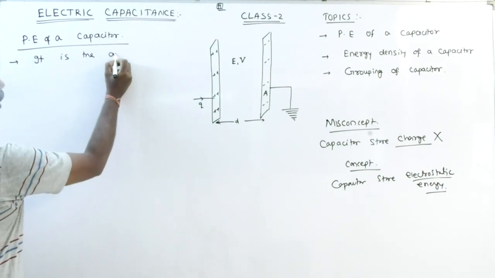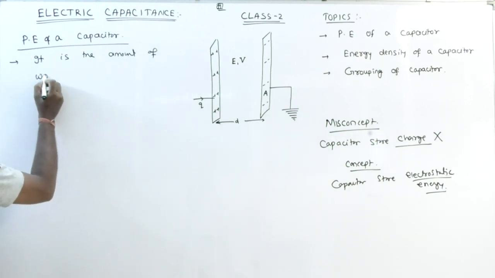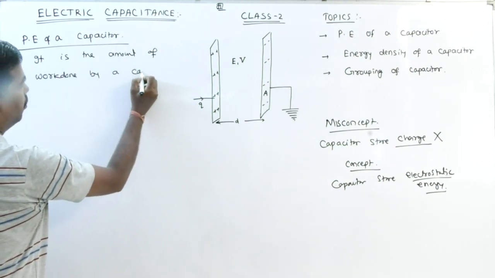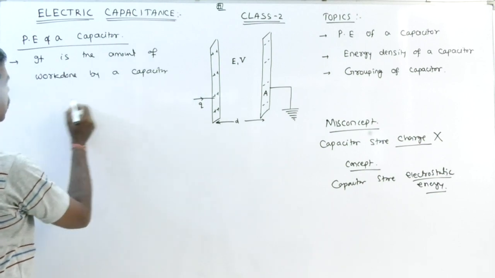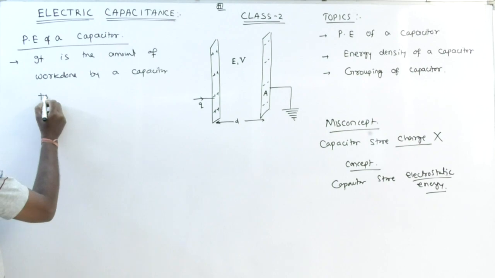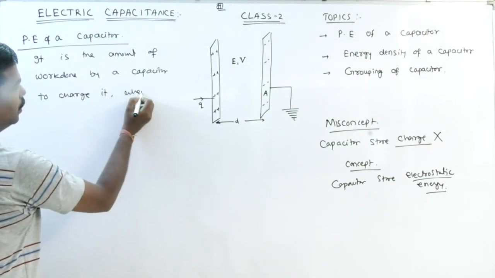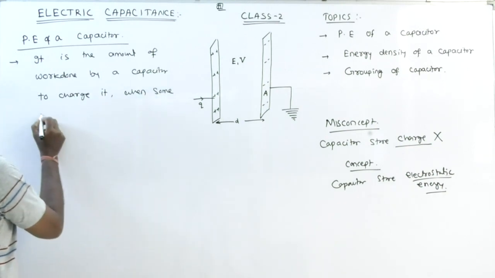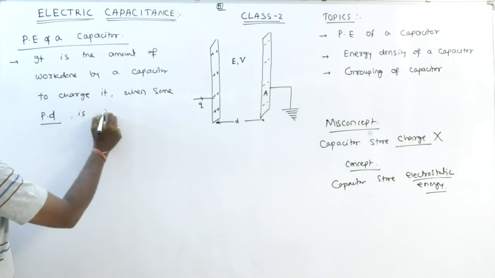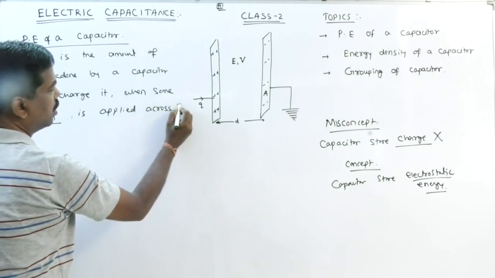It is the amount of work done by a capacitor to charge it when some potential difference is applied across it.